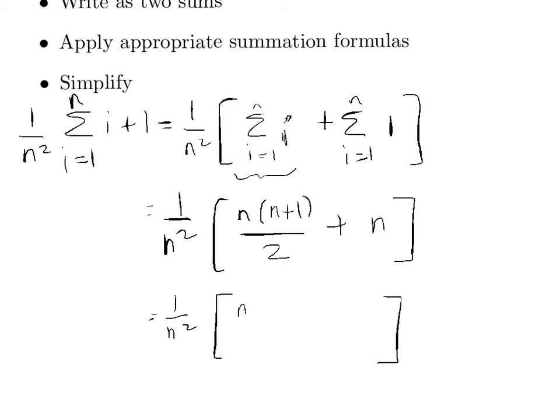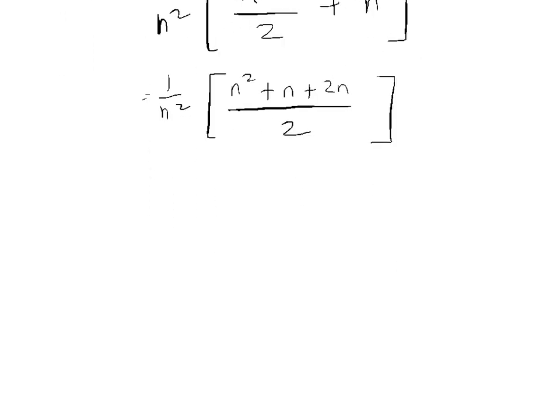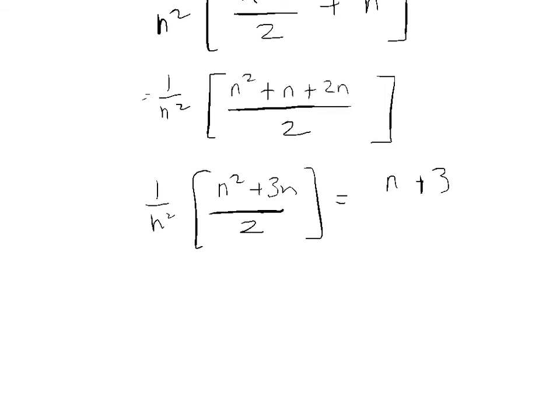That's going to give us n squared plus n plus 2n over 2, which is 1 over n squared times n squared plus 3n over 2. We can factor out an n from both and cancel it. So we end up with n plus 3 over 2n.